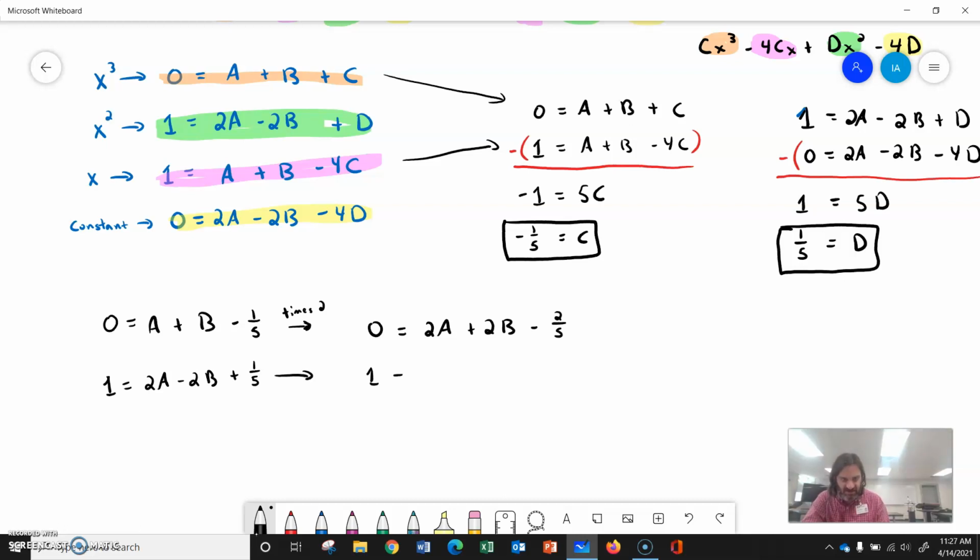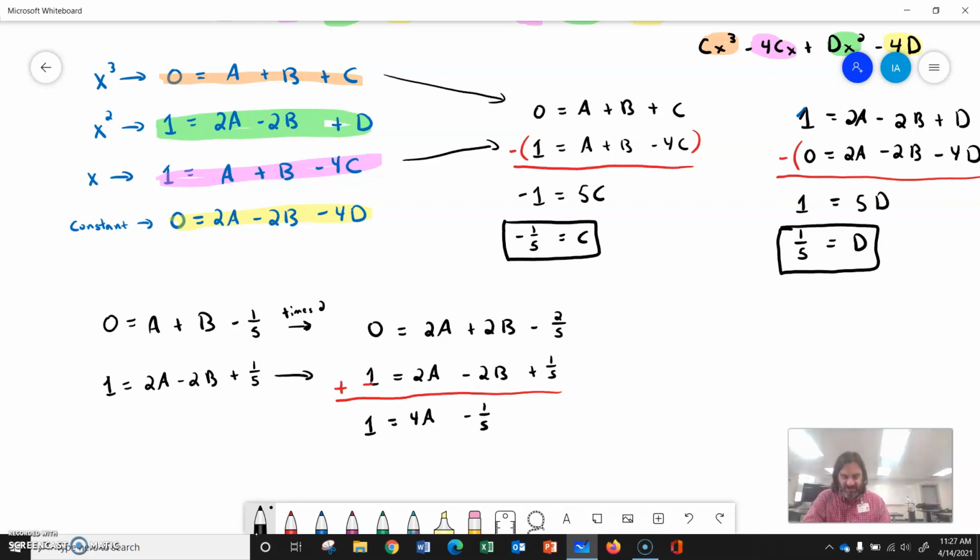It'd be 1 equals 2a minus 2b plus 1/5. I'm going to add these two together to get rid of the b. So if I add these together, I will have 1 equals 4a, no b's, and then minus 1/5.